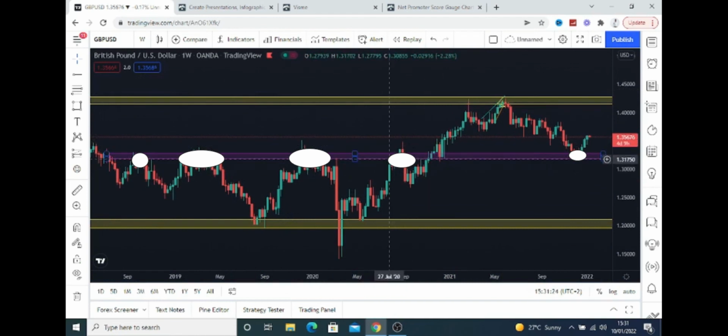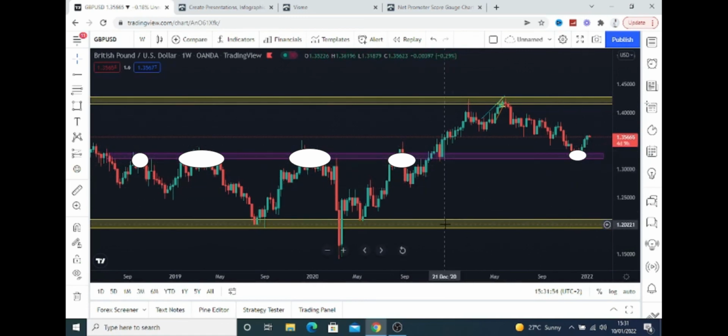We're also seeing a rejection here. So it was broken up and then rejected our monthly resistance, and then came back, went again for the second time, and it failed to break it, and then came down and rejected this area. So when it was rejected here, it was retested as a new support.